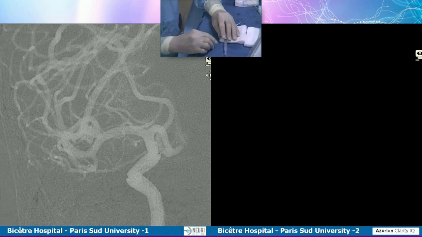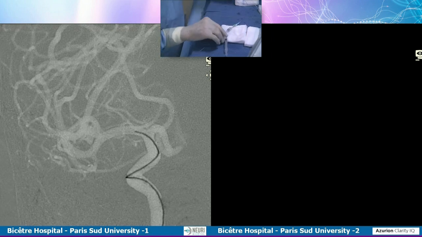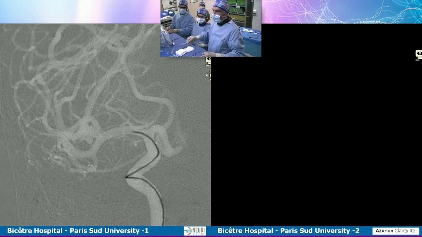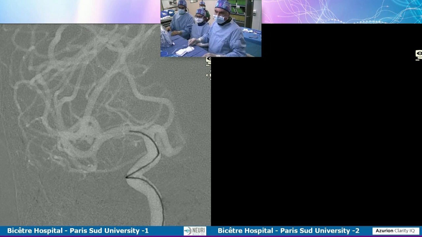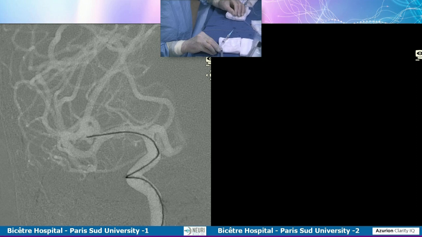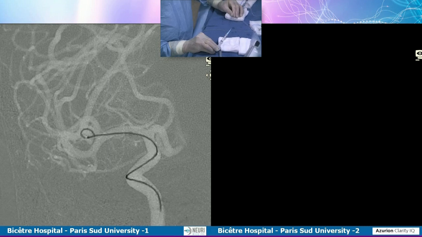And because this larger aneurysm looks a little bit ugly, with an irregular shape, we have decided to coil this aneurysm. If it was regular in shape, probably we would not have treated this aneurysm selectively, and it would have shrunk over time. So this is the progression of the 17 microcatheter.